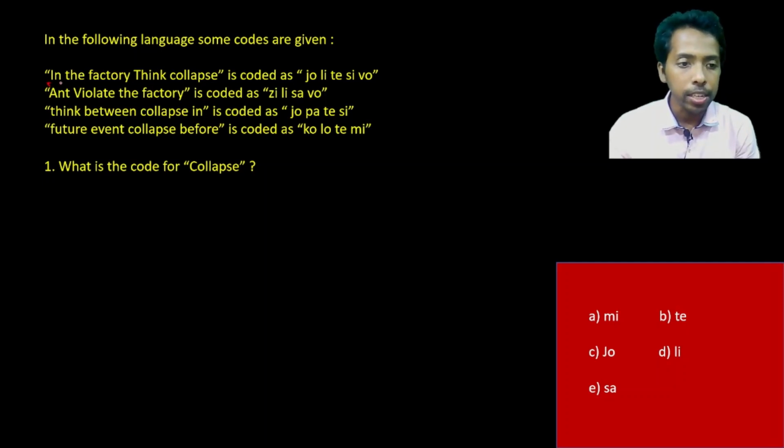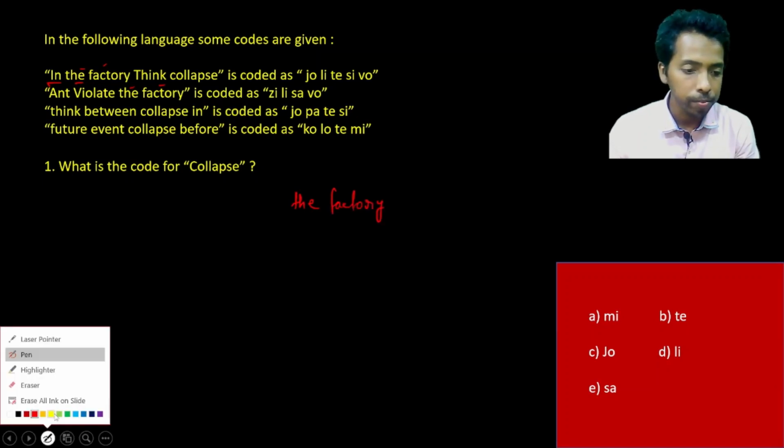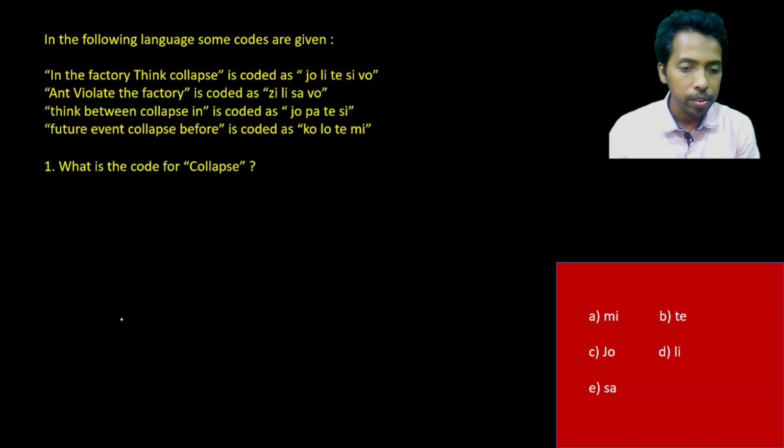In the factory, think, collapse, and violate. The word factory appears in the first statement as well as the second statement, and not in the rest. So for the factory, the codes are li and vo.